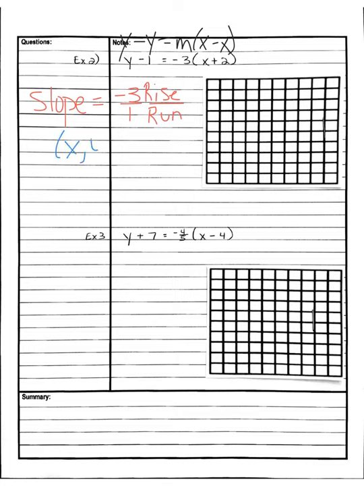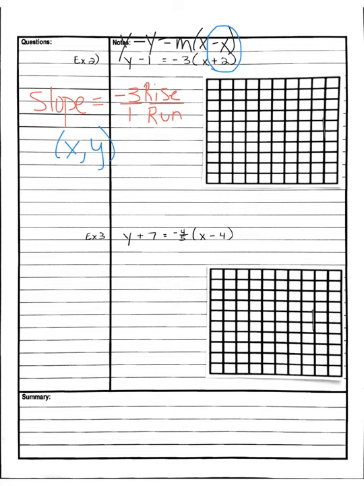Now let's identify our point. Remember, a point is x, y. So we need to look right here. Does it say -2? No, it says +2. Well, my formula says I need it to say -2. So I'm going to rewrite this.